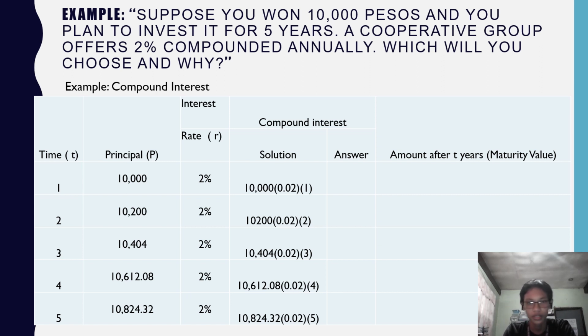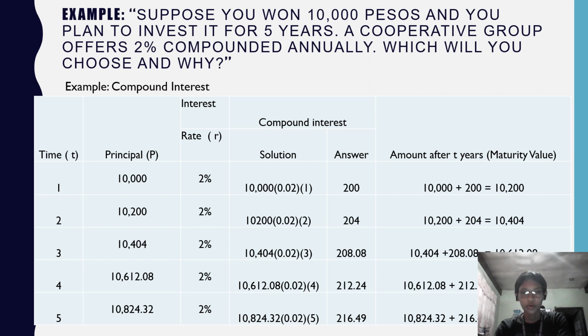Then you will multiply using the compound interest formula. So this is now the solution: 10,000 times 0.02 times 1 is equal to 200. Then 200 will be added to the 10,000.